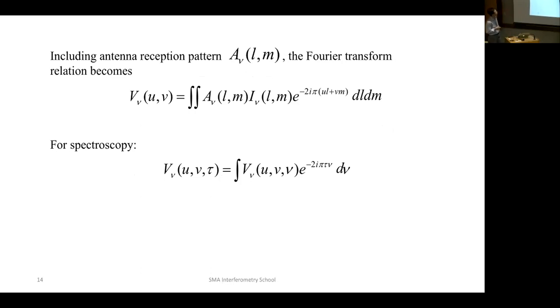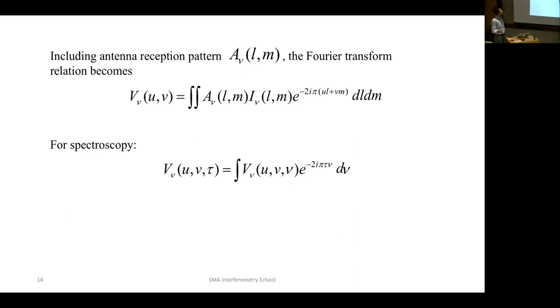So what you actually measure of your brightness distribution is also modified by this antenna reception pattern. That is something where we sometimes say the image is being primary beam corrected. That is normally also involved.